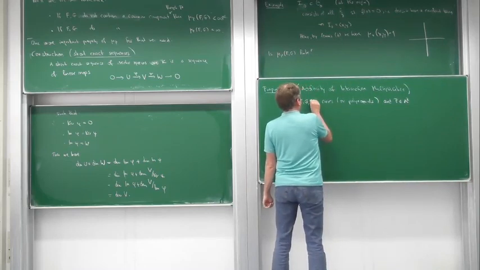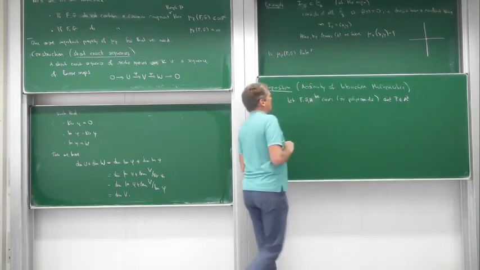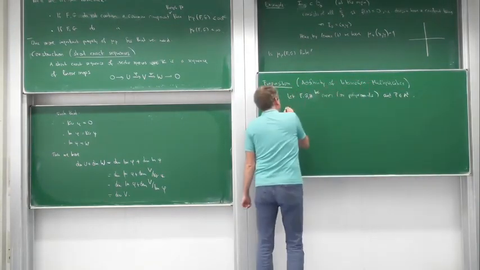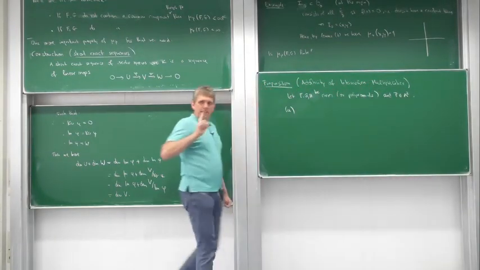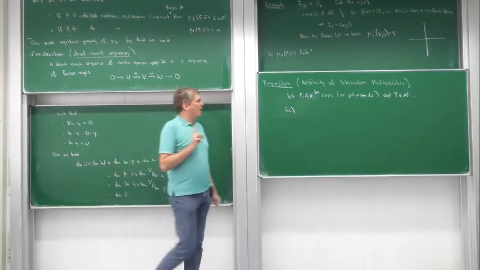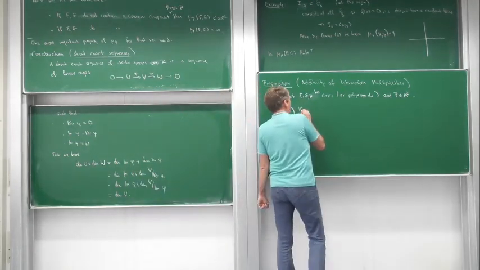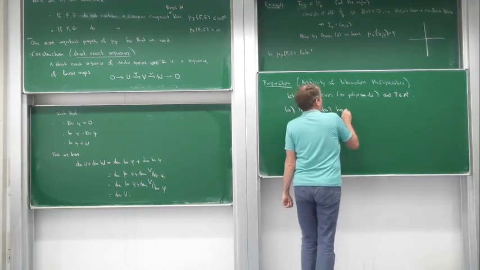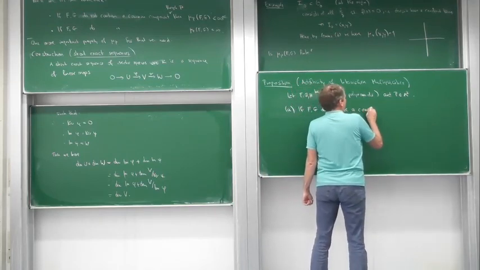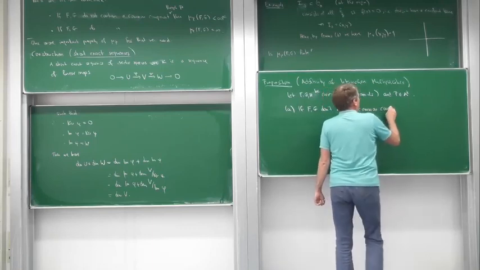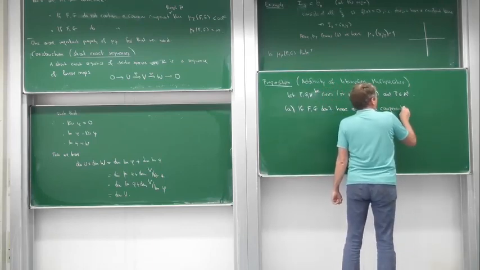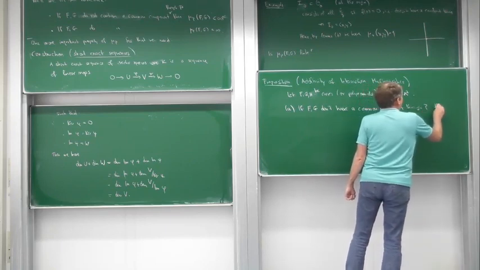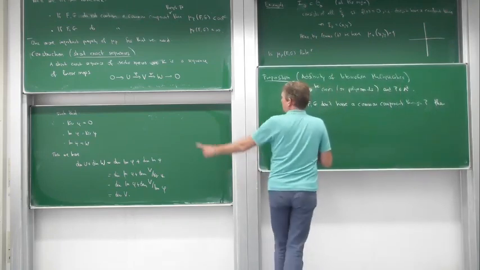Let F, G, H be curves or polynomials, and P a point in A^2. Then, under the first assumption that F and G do not have a common component through P, there is an exact sequence like that.